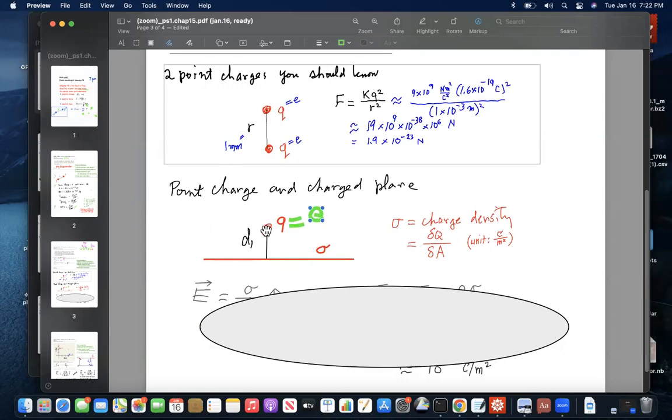Well, remember, the electric force is a field force. There's an electric field due to the plane. So what is the electric field due to a plane with charge density sigma?